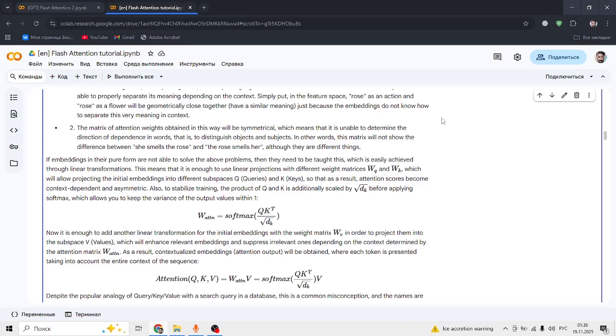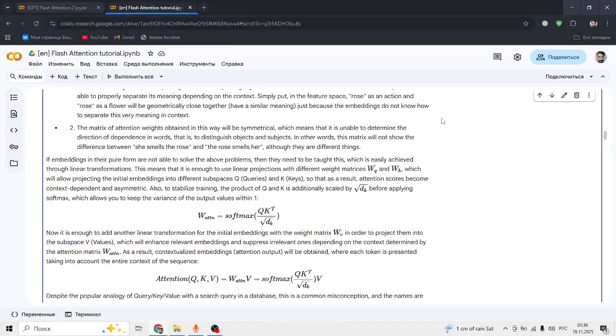And if this approach with embeddings in their pure form cannot solve these problems, we need to try to train these embeddings to perform these tasks, and this has become possible by using linear transformations.